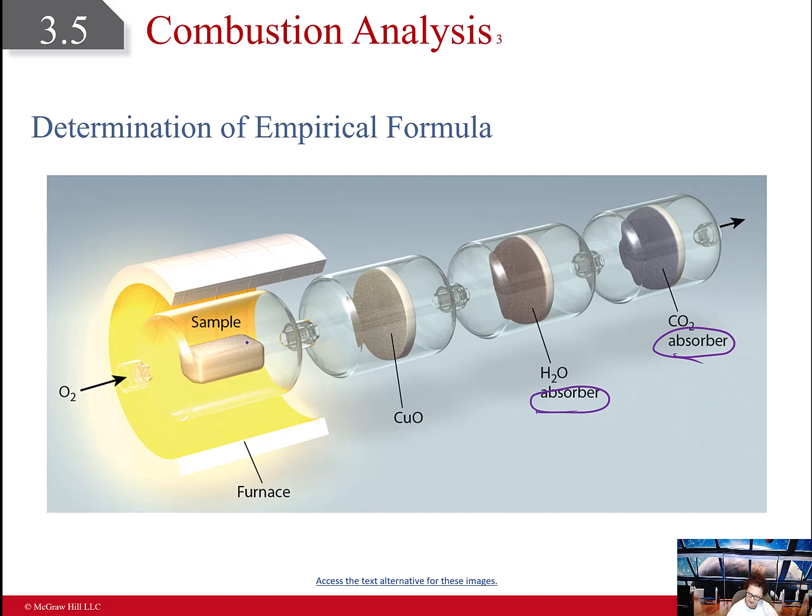So we've got a sample of material in here. We have to have oxygen in order to combust something. We've got a furnace where we're going to heat it up really high, and we're going to burn this thing, and convert it to water and carbon dioxide. And then we might have a few other things, but if it's a hydrocarbon, then that's all we're going to get out of it.